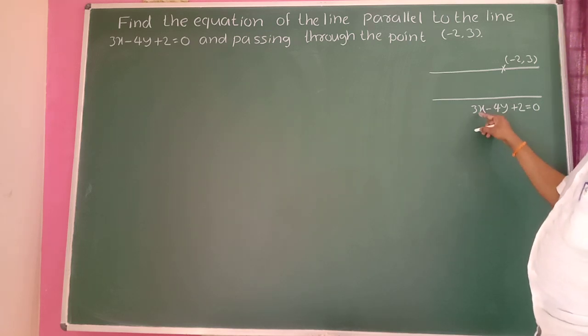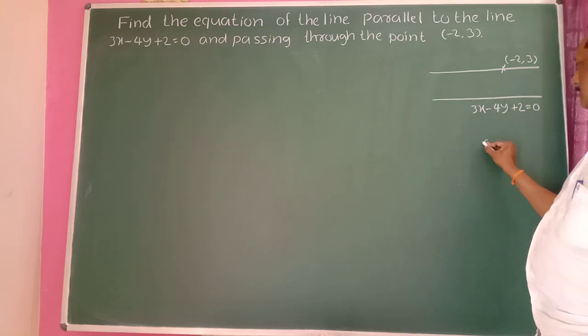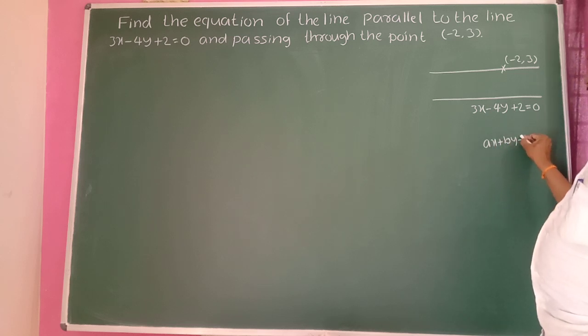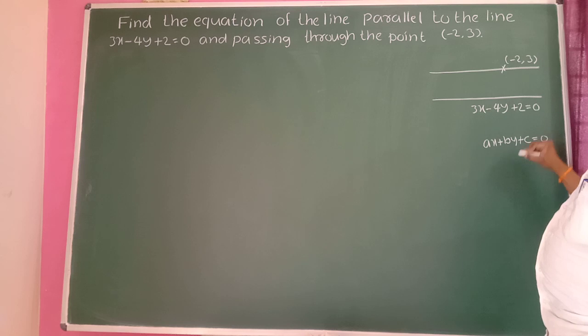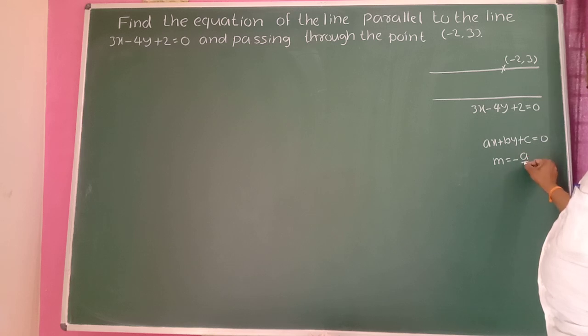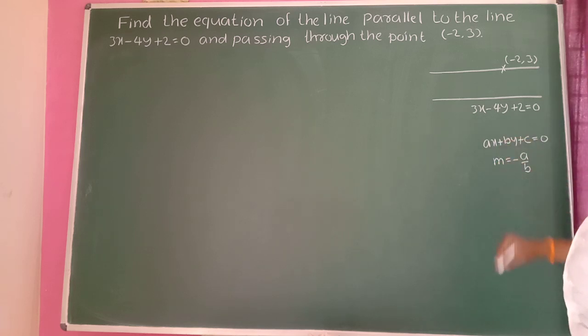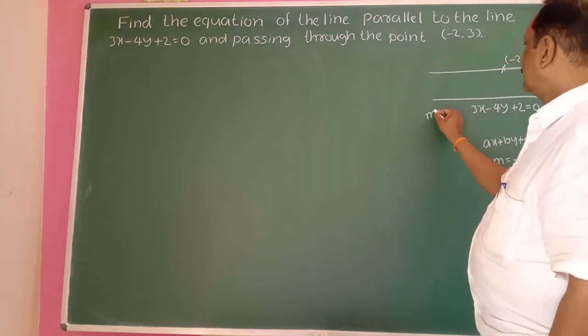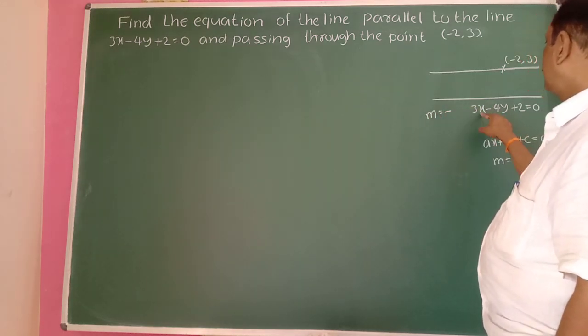So you know that the slope of this line is given. Suppose ax plus by plus c is equal to 0 is the equation of the line. Then its slope is given by the formula minus a divided by b. Therefore, the slope of this line is minus of 3 divided by minus 4.